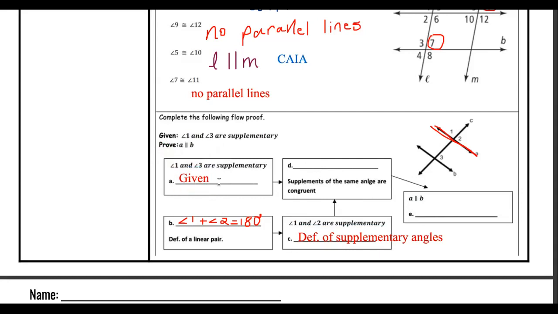So that means 3 and 2 are both supplementary to 1, okay? So supplements of the same angle are congruent. That would mean 3 is congruent to 2, or 2 is congruent to 3, whichever way you say it, because they both are supplements to the same thing. They must be equal to each other. So we're going to say angle 3 is congruent to angle 2.